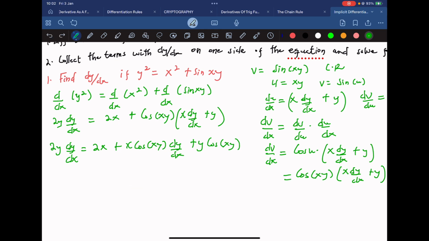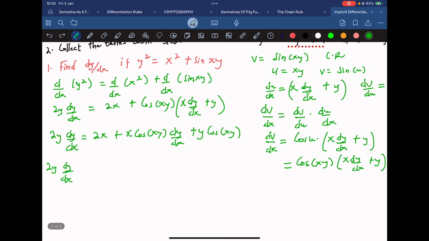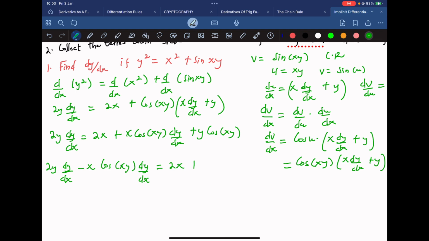So in that case, we have 2y dy/dx. If this crosses the equal sign, it becomes negative. So we have minus x cosine of xy dy/dx, and this is equal to 2x plus y cosine of xy.